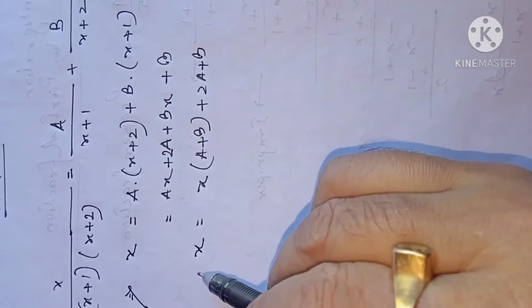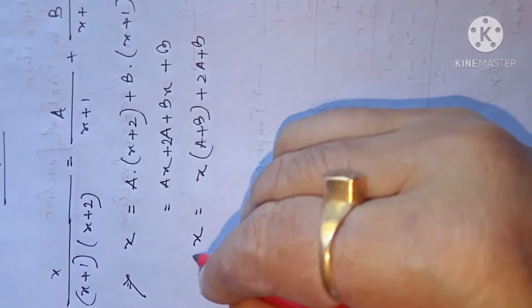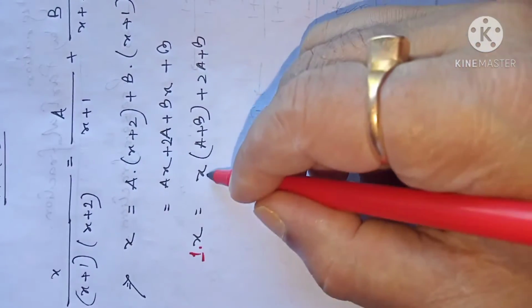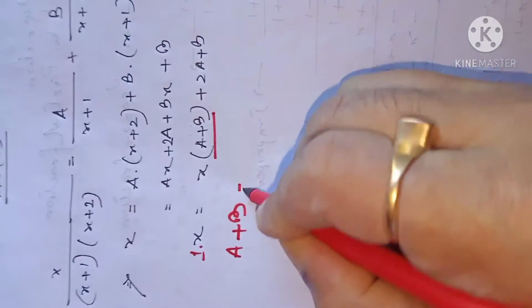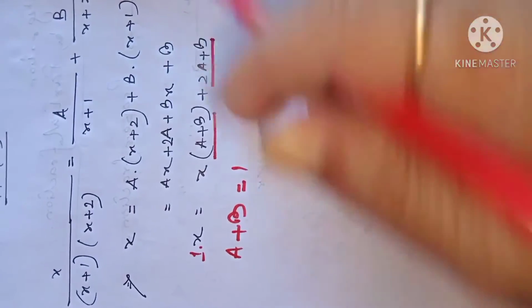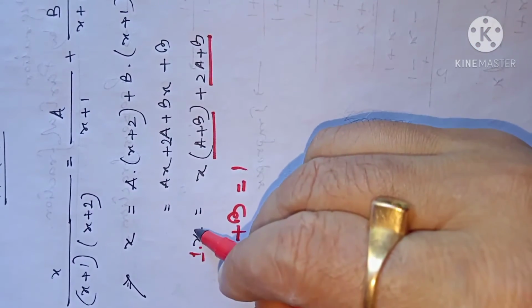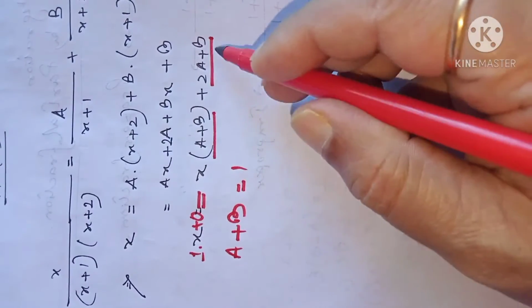Comparing the coefficients, what is the coefficient of x on the left? That is 1. So the coefficient of x is A plus B, that means we can say A plus B is equal to 1. Comparing the constant term with the other constant term, what is here? 0. Nothing is there means 0. We can say 2A plus B is equal to 0.